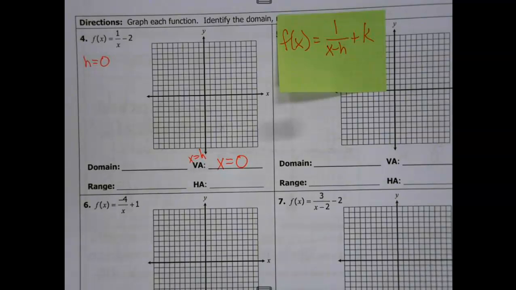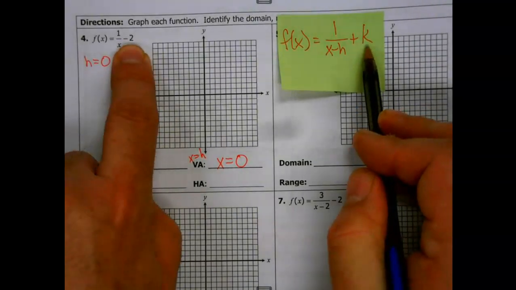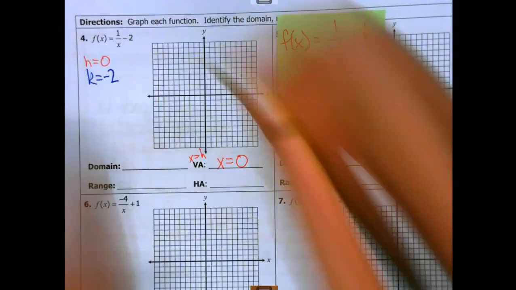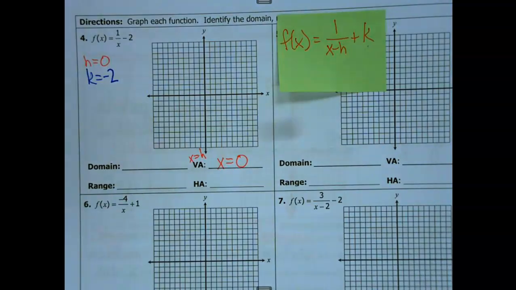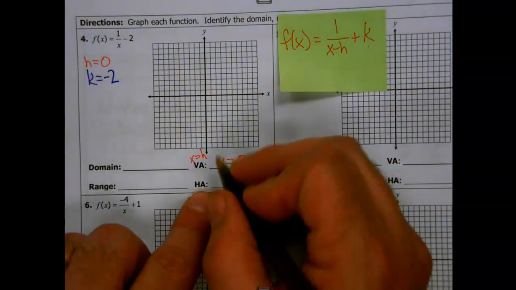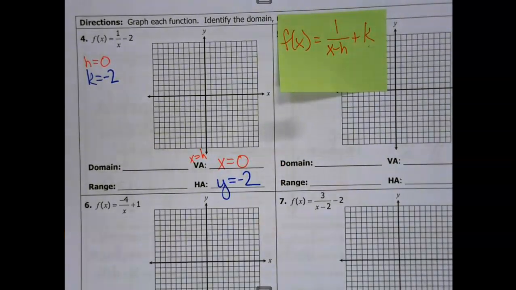We also know, before we ever start, if there's a number at the end, whether it's positive or negative, we know that's our k value. In this case, it's -2. K value, the number on the end, is always your horizontal asymptote.